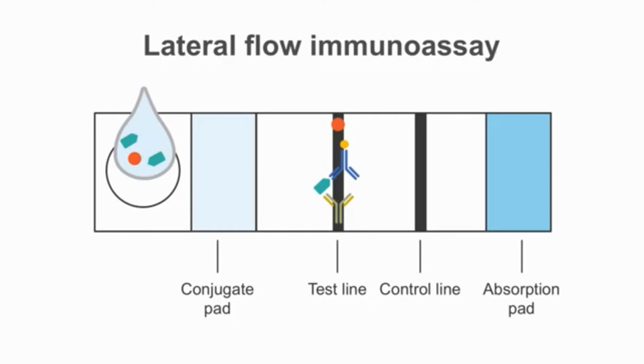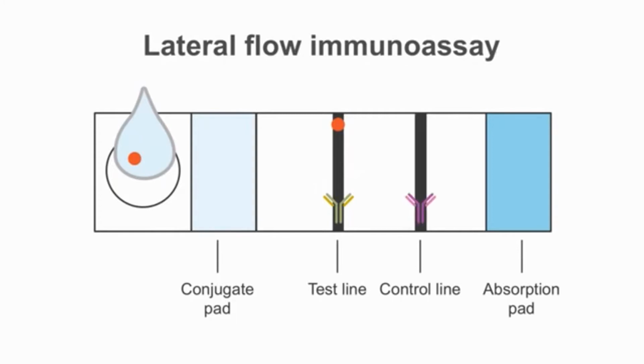If the nucleocapsid protein is present, then the test line will turn positive. If there is no nucleocapsid protein in the sample, there will be no change in the test line. There should be another line appearing at the right side of the test line, which is called the control line. This control line makes sure that the test is valid.